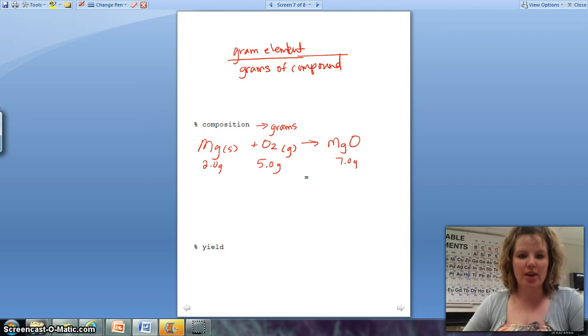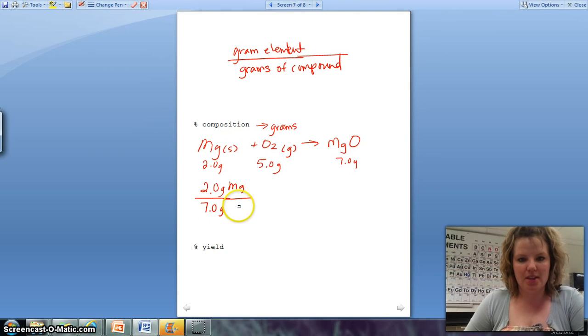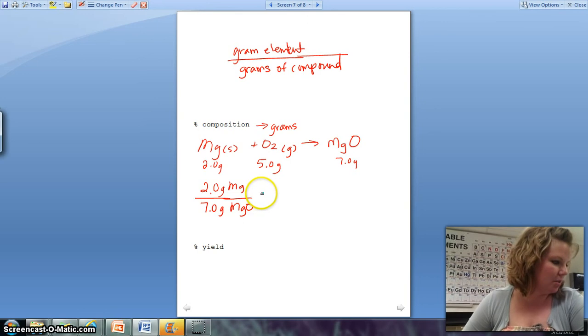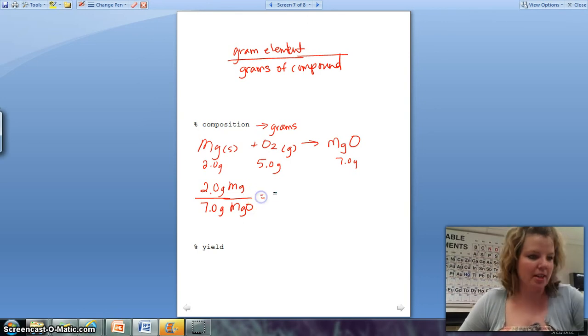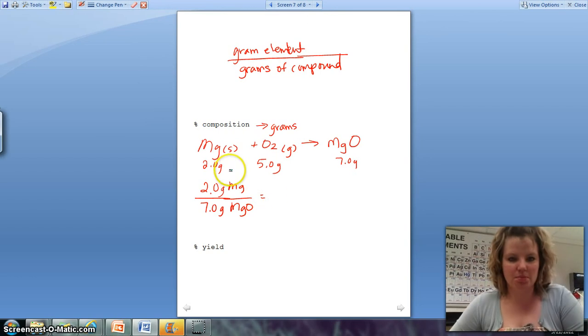Okay, so now we want to see the percent composition of this element within this compound. So we get 2 grams of the magnesium, and we have 7 grams of the magnesium oxide. Okay, and we would go ahead and divide this. 2 divided by 7 gives us 0.28.